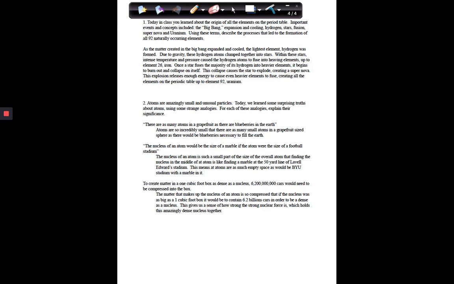Remember, it goes Big Bang, huge clouds of hydrogen come together, fusion in stars, heavier elements, that fizzles out at iron, then the star explodes, it becomes a supernova, that gets us past iron, creating all the elements up until uranium. Then we talk about all these weird analogies about how small the nucleus is, and how dense the nucleus is.